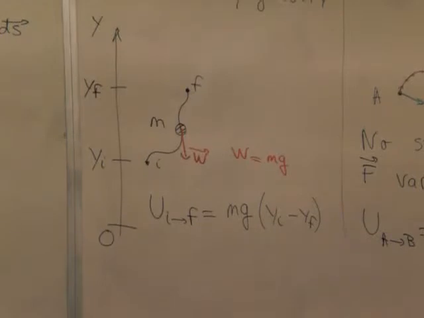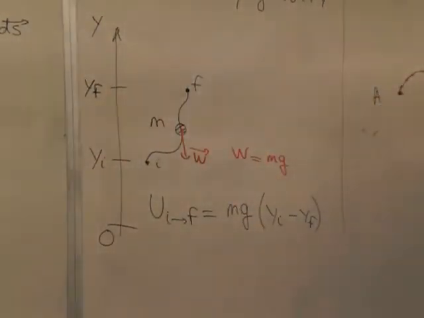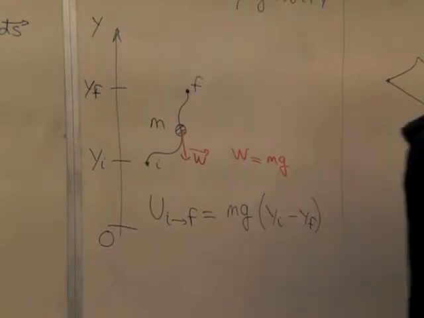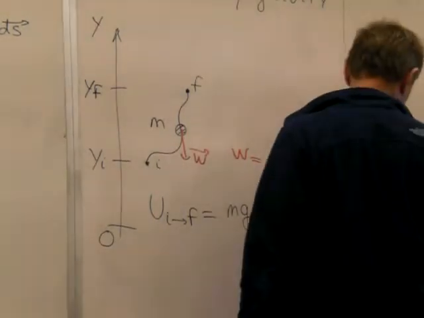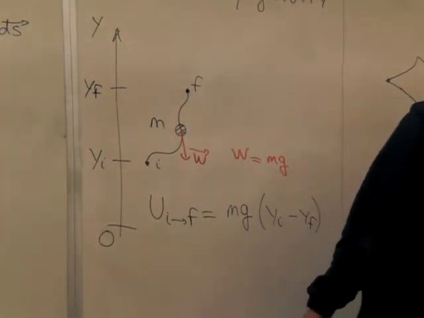What about the work done by a spring? 1/2 k delta x squared. Okay, so let's say I have a spring. We have it at some position i here, and then it goes to some other position f over there.